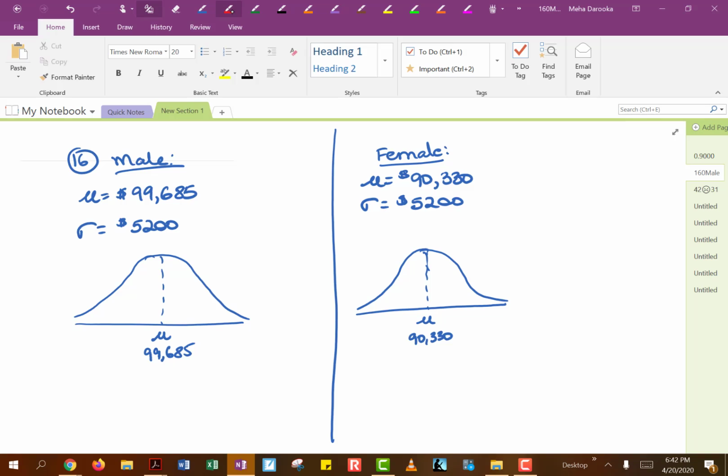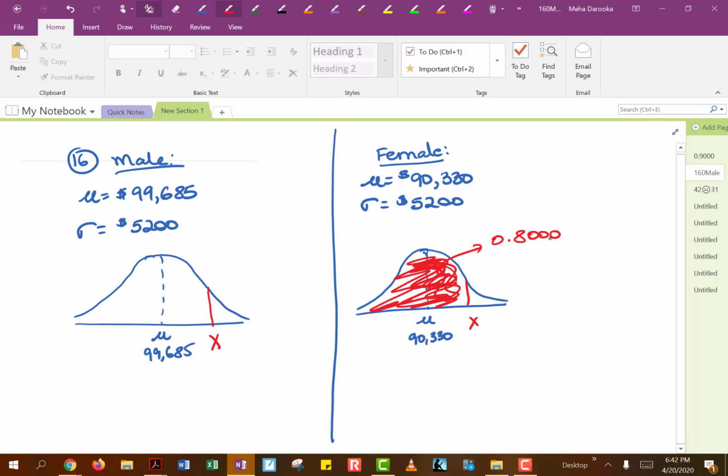So if we're talking about 80th percentile, then of course we're basically trying to find this data value here such that you would have 80% of your probability or 80% of the area which would fall below this X value, right? So that's the same thing they want us to do for both male and female professors.